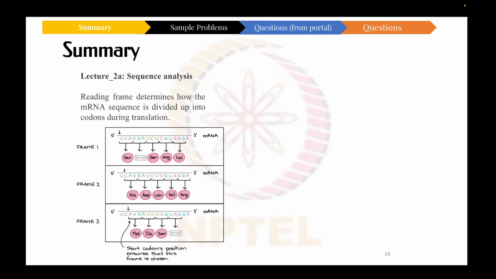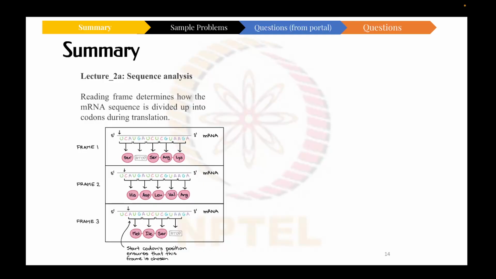Can anyone observe the start position? Sir, I think there are different frames of reference considered in the first three cases. Yes, the first one starts from U, the second one starts from CAU, and the third one is AUG. Yes, that's correct. Thank you.